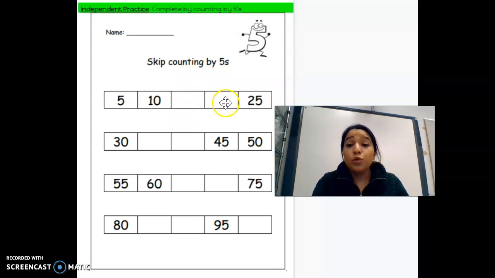So you have 2 missing numbers that you have to fill in. Right here as well, you have 30. And you have to skip count by fives to figure out what 2 numbers comes next. So go ahead and fill in these squares with the missing numbers. Okay, you skip count by fives and use your hundreds chart to help you.